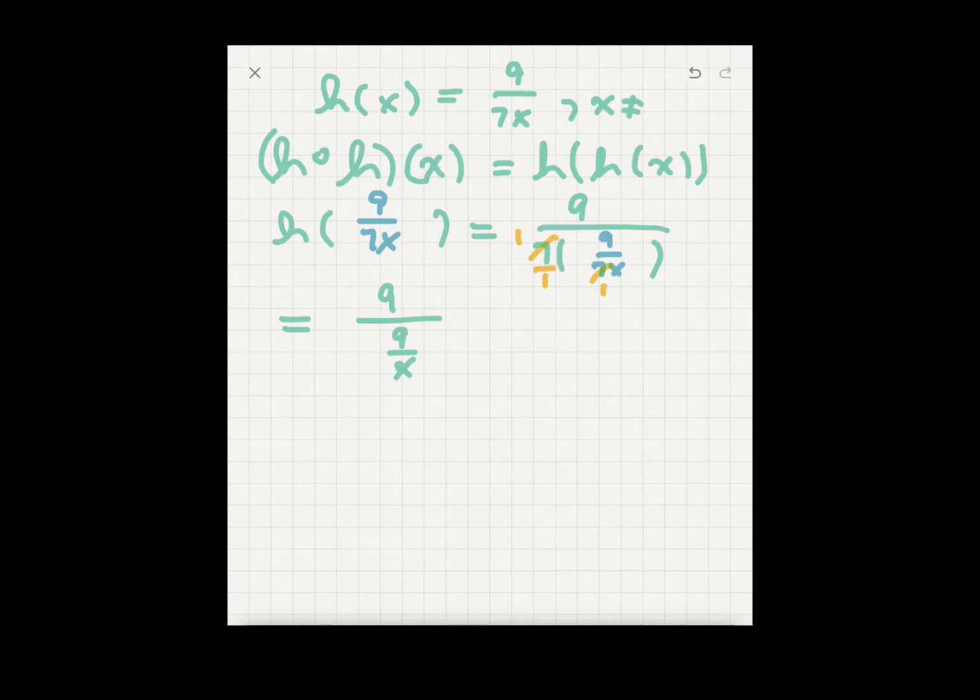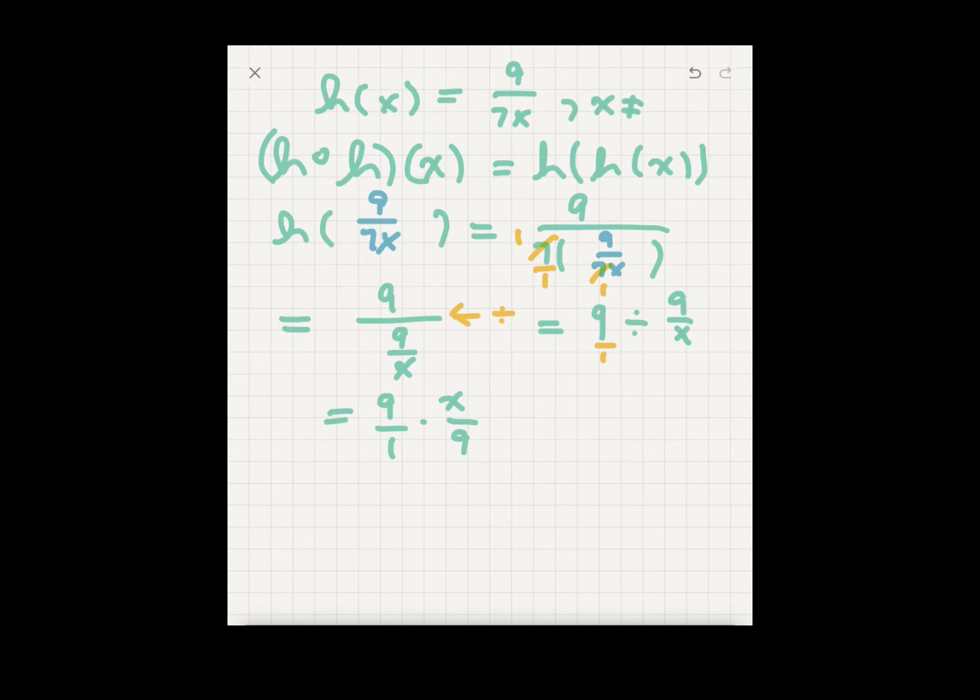But I remember that a fraction bar is a way to show division. And so that means I have 9 divided by 9 over x. Again, I can put a 1 in the denominator where it's helpful. And I remember that I divide fractions by multiplying the first fraction by the reciprocal of the second fraction.